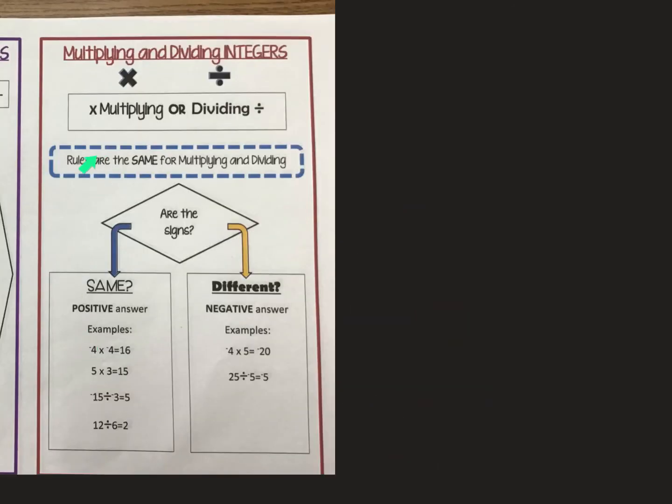All right, so multiplying or dividing. Rules are the same for both. Okay, so you're going to ask yourself, if I have 3 times a negative 6, are the signs the same in this problem? No. So if they are different, you're automatically going to know your answer is going to be negative.